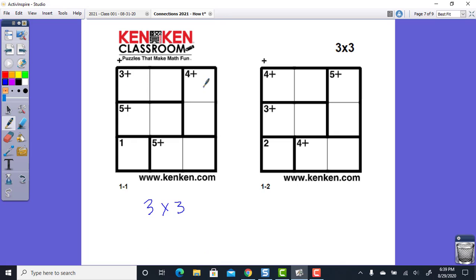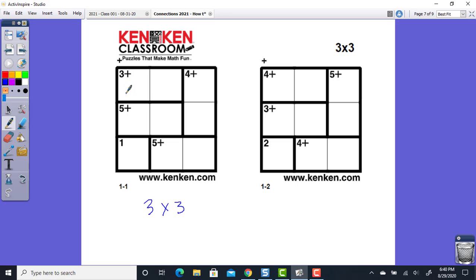We have 3 squares horizontally, and we have 3 squares vertically. The bold outlines represent cages, and the 2 blocks within one of these cages are locations for numbers to answer the following question of math.